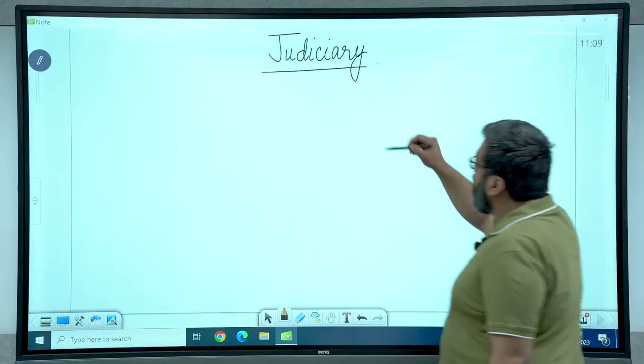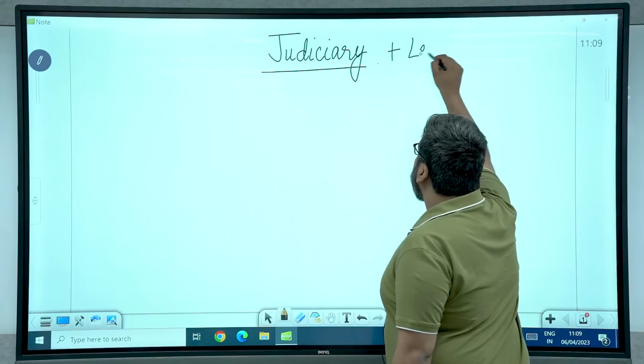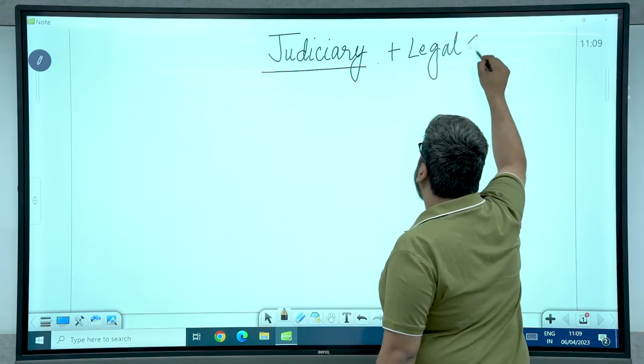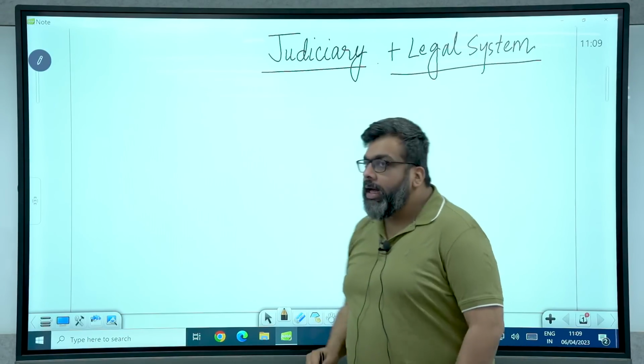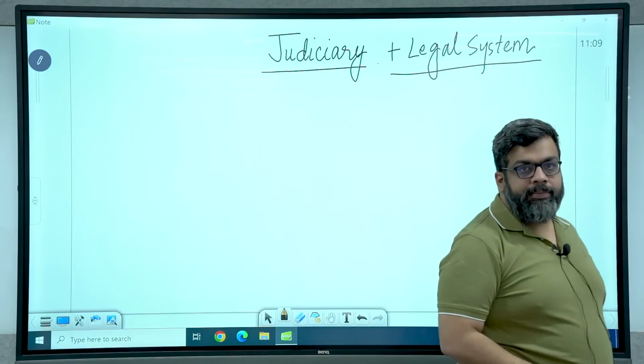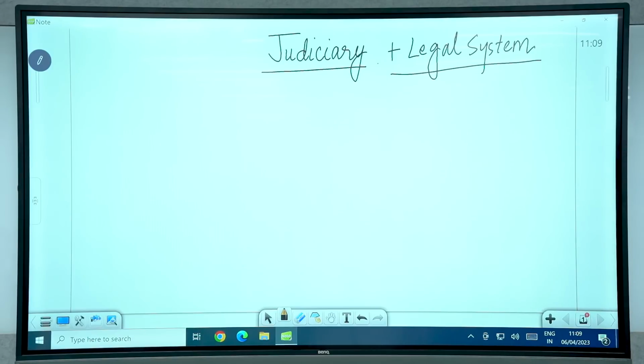When we study judiciary for the prelims exam, what we're essentially going to be studying is the judiciary and the legal system of the country. In the last 2 to 3 years of the prelims exam, the UPSC has started to ask questions in and around the legal system of the country, not as much about the core functions.